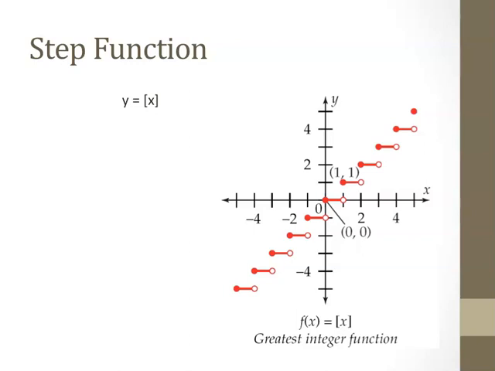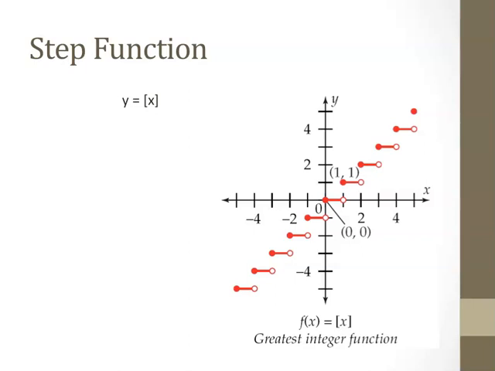So if, say for example, you have x is equal to 3.7, if you look at the graph, 3.7 gives you a y value of 3. So it always rounds down to the nearest integer. And so this is what ends up happening, and you can see why it gets its name, the step function, because it looks like a set of steps going up.